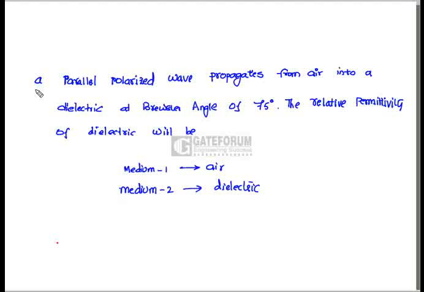So in order to calculate the relative permittivity of the dielectric, we need the relationship between the Brewster angle and the permittivities of medium 1 and medium 2. Epsilon 2 equals epsilon 0 epsilon R2.